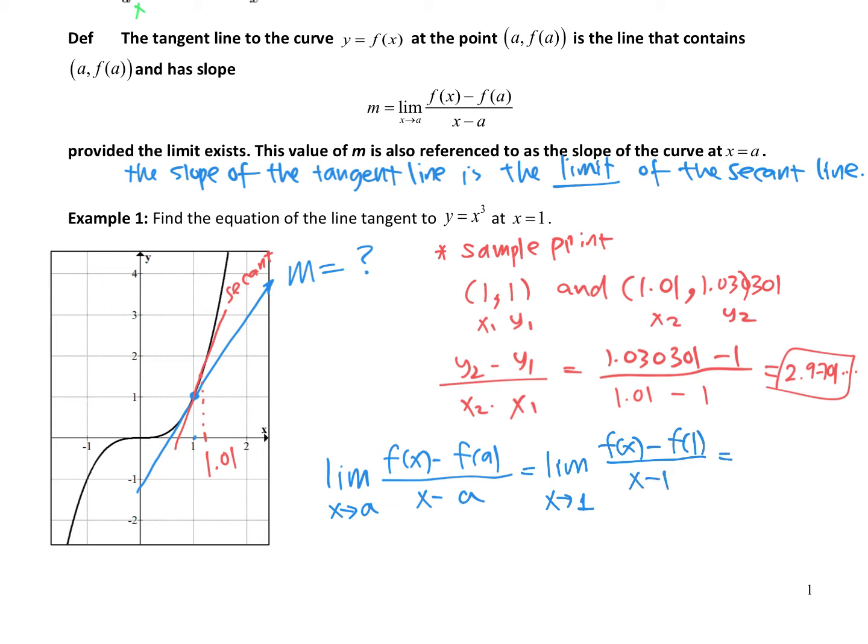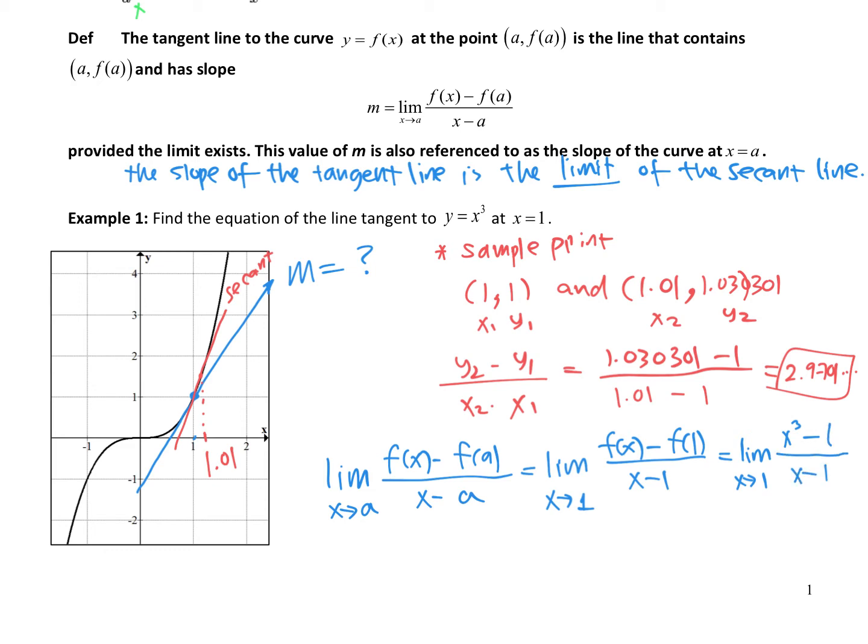In this case, our function is the x cubed function. So the limit as x approaches 1. f of x is just this function, x cubed, minus f of 1. I'm plugging 1 into the function, so 1 cubed is just 1, over x minus 1.